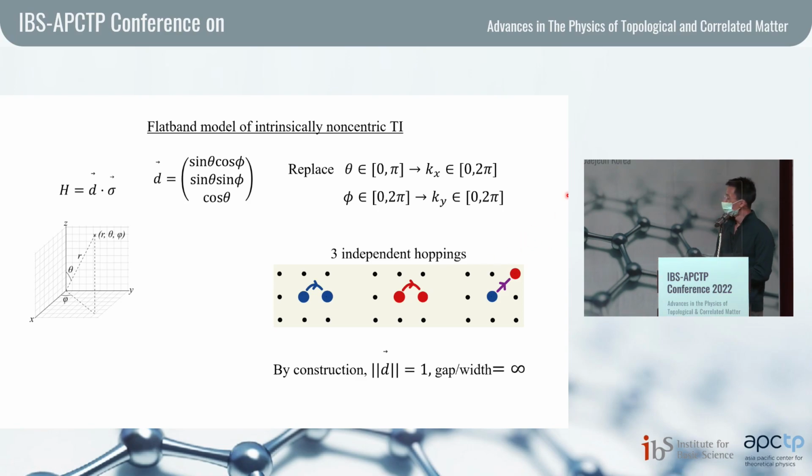By construction, the norm of the vector is 1, so this is a flat band model. I can phrase it in the sense that the gap over the width is infinite, so in some sense this is as large a band gap as you can wish for.